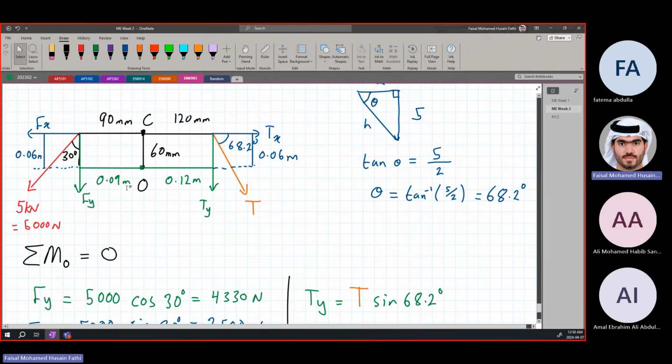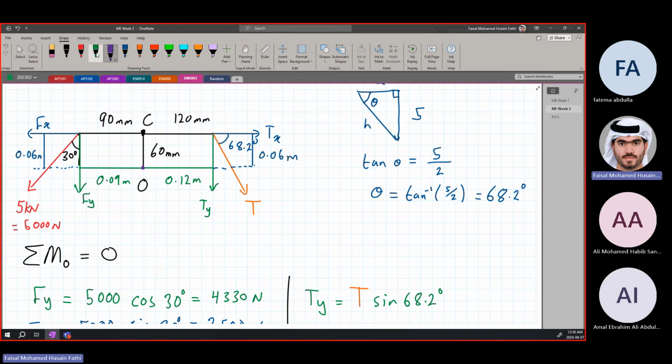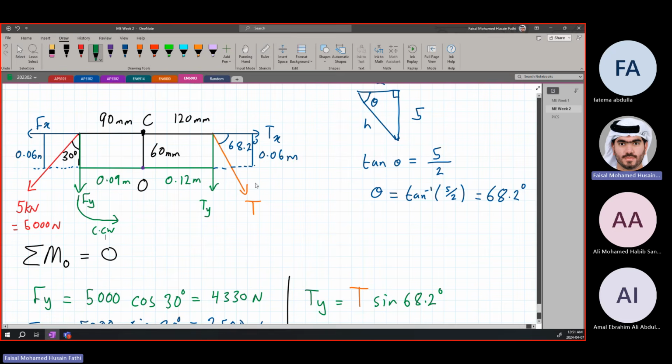How can we find out what the direction of Fy is? Like I said earlier, this is our O. We extend this force until we reach O, and then we go towards O. In this case, we are going in this direction, right? So this is a counterclockwise moment, so it's negative.